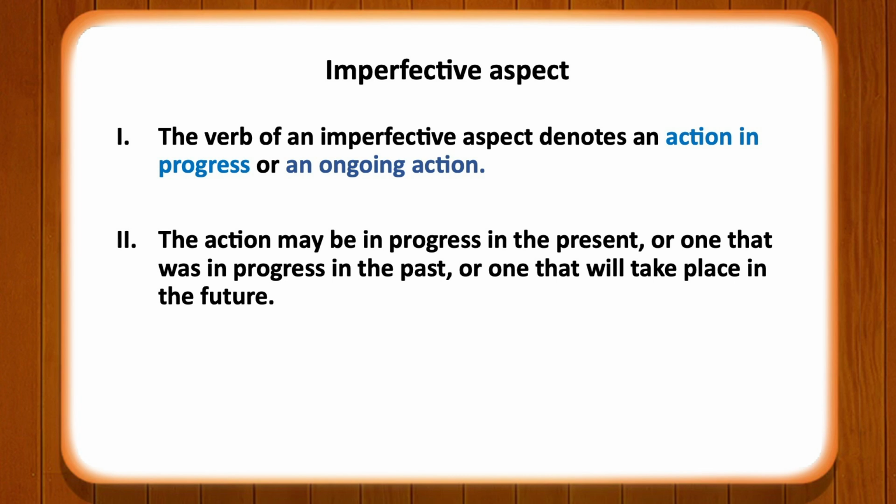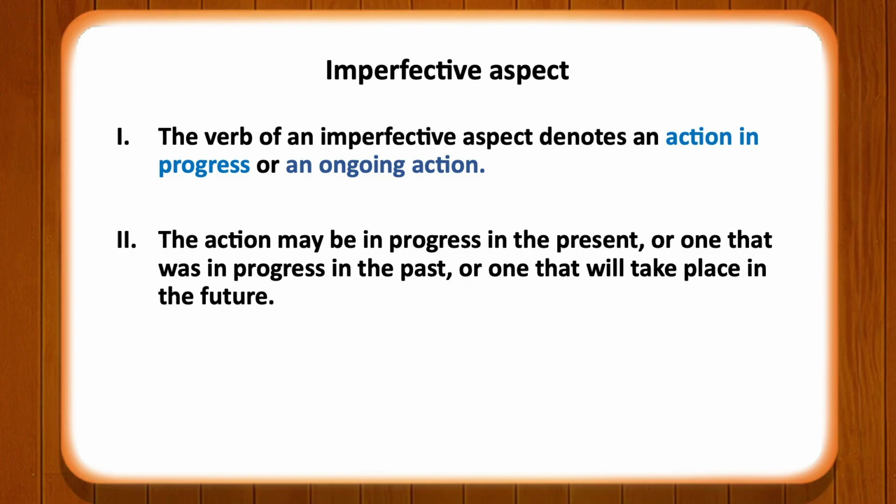If you remember, when we started this topic, I had told you that the aspect of the verb denotes whether the action is completed or ongoing. So, when you're using the imperfective aspect verb, that means the action is in progress or an ongoing action.